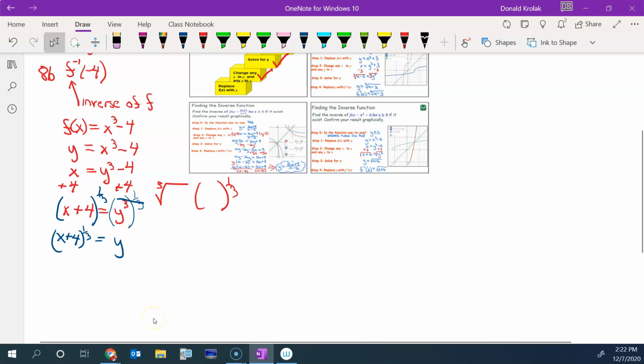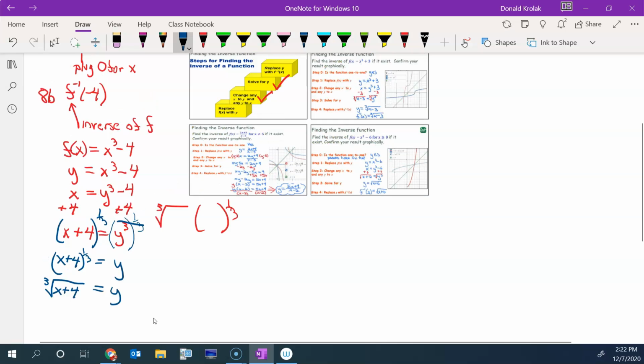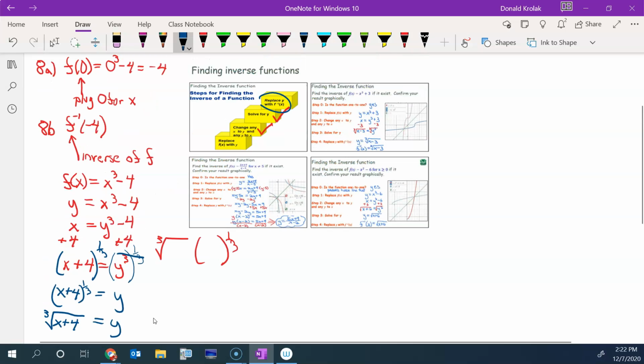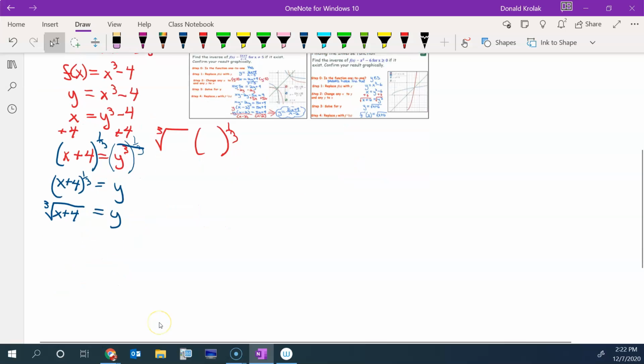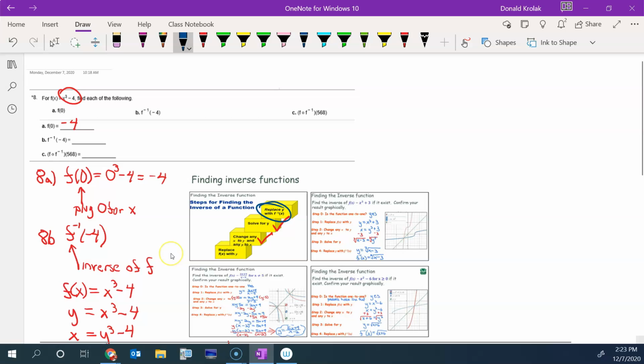I could write it like that, or as a cube root. It's the same thing. Then the last step is to replace y with the inverse notation, so I take out the y and write it as f -1 of x. That's my inverse.